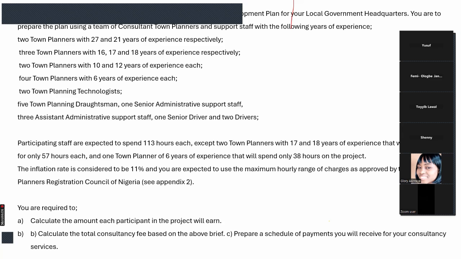So that is why I told you here, you have to read the question very well, understand the question before you start answering. Here they mention maximum hourly rate. If you go and use the minimum hourly rate, that means you are not going to have the same answer with the examiner. Even though I assume when marking they are supposed to follow the steps.